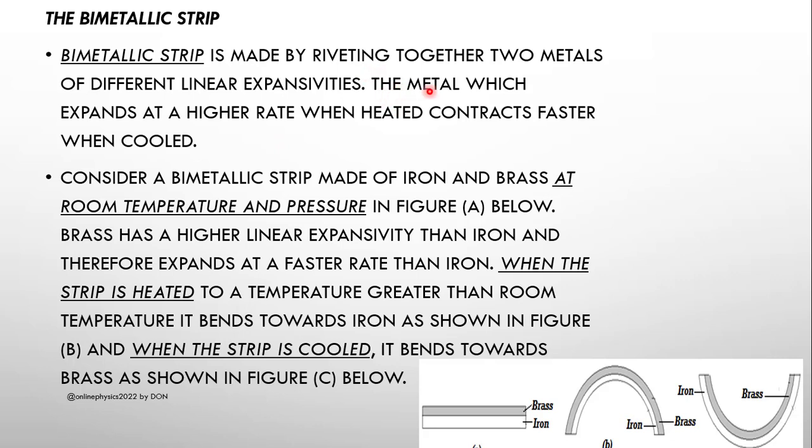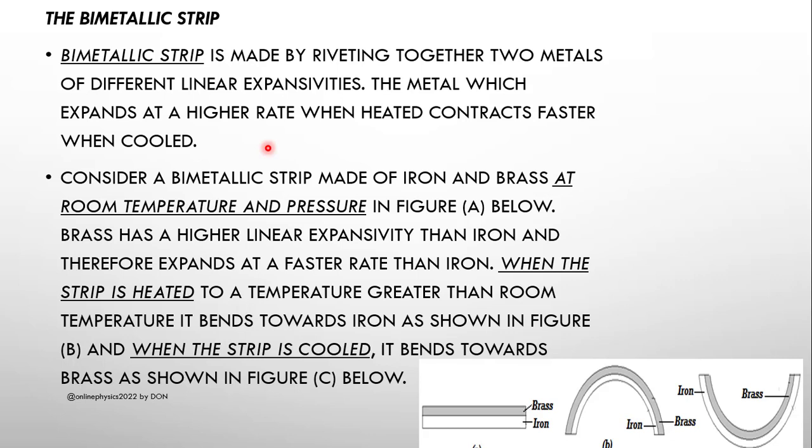Let us put it in our minds that the metal which expands faster, or at a higher rate, is still the same metal which will contract faster when cooled.